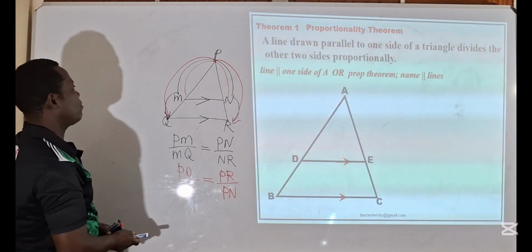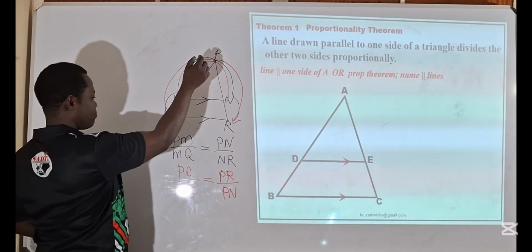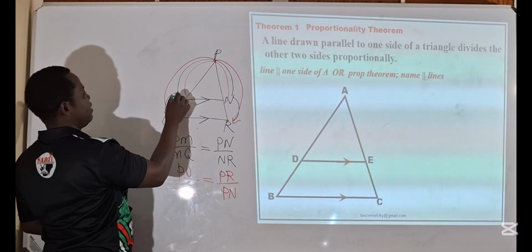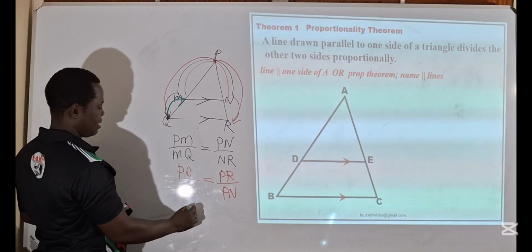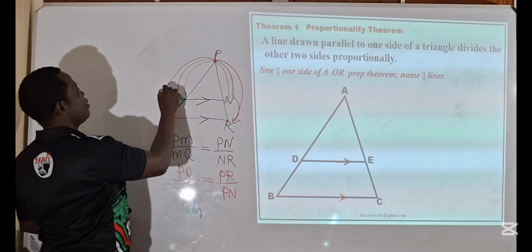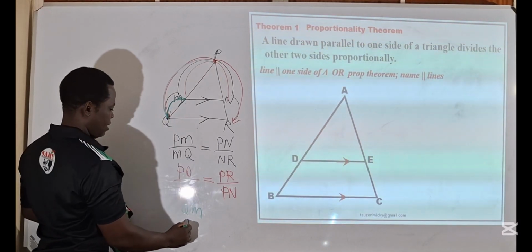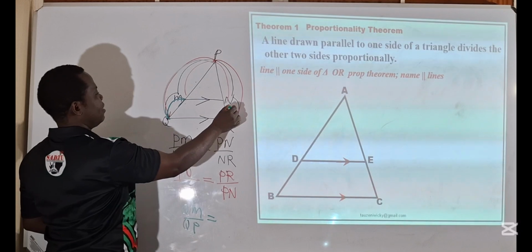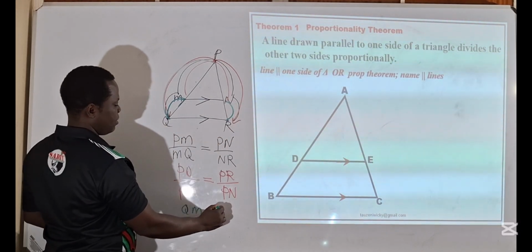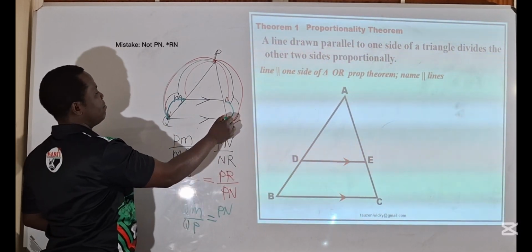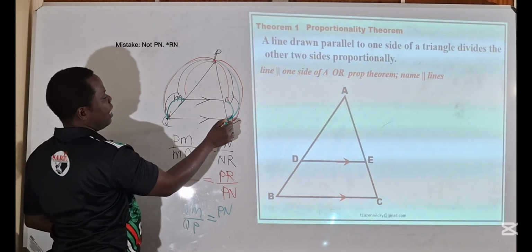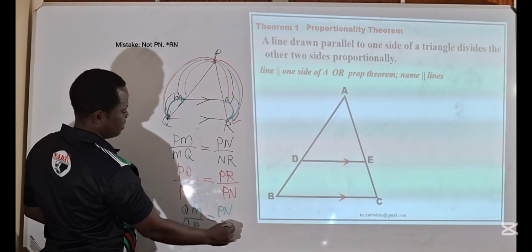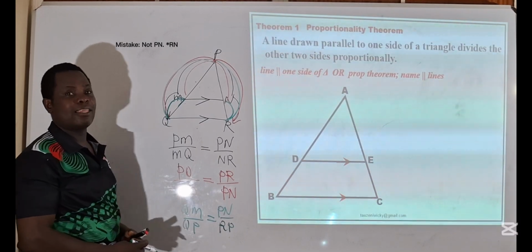Let's say, for example, I want to divide the line from M to Q, or QM. If I divide QM, that is one side, divided by QP, that is a fraction. If I do the same thing on the right hand side, that would be RN divided by RP. The fractions are exactly the same.